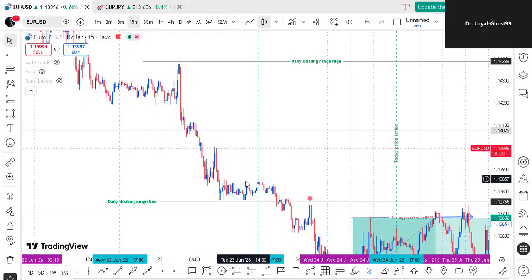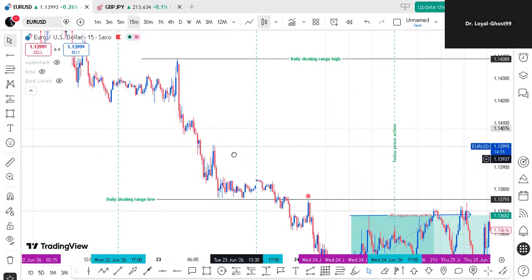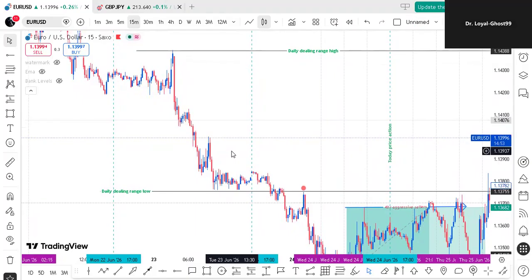The market was so bearish, meaning the supply exceeded the demand of the euro against the USD. As we know, this is the most commonly traded currency, Euro USD.